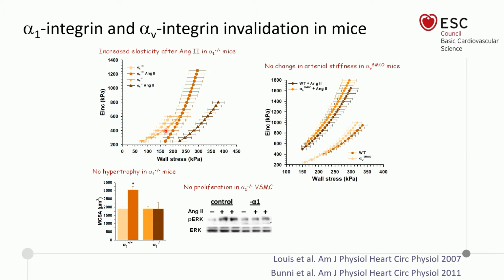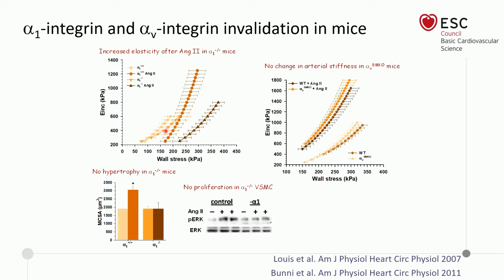It is only in response to angiotensin II that we can observe a reduction of arterial stiffness in mice invalidated for alpha-1. That suggests that the lack of interaction between collagen and cell is able to control arterial stiffness. And this is the same if we look at the arterial wall hypertrophy in response to angiotensin II.